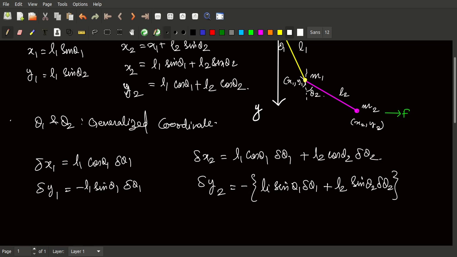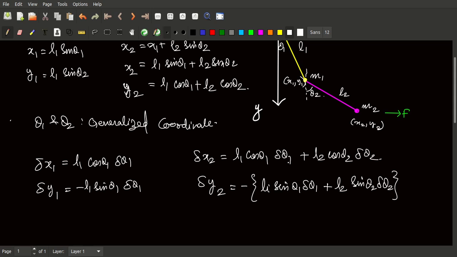Okay, now there is an external force on bob 1, and there is the gravitational force mg acting on both bobs. On bob 1 it will be m1g, and on bob 2 it will be m2g. And the total force on bob 2 includes the external force F that you are applying.